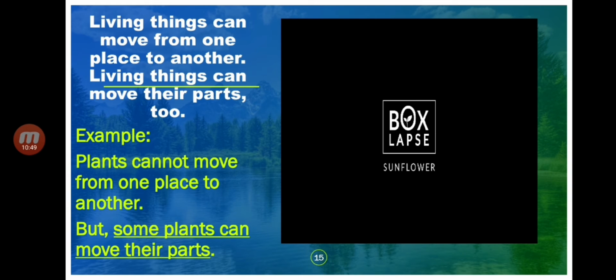This is a time lapse of a sunflower from day 1 to day 83.